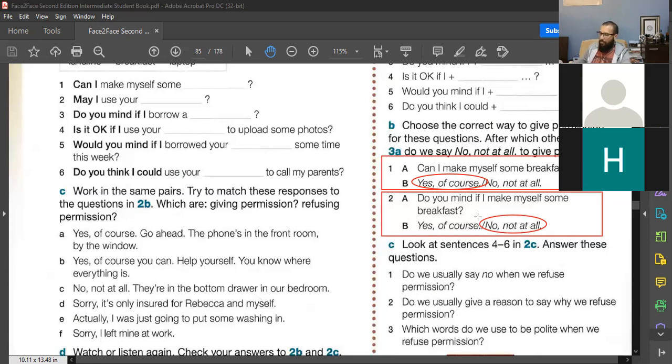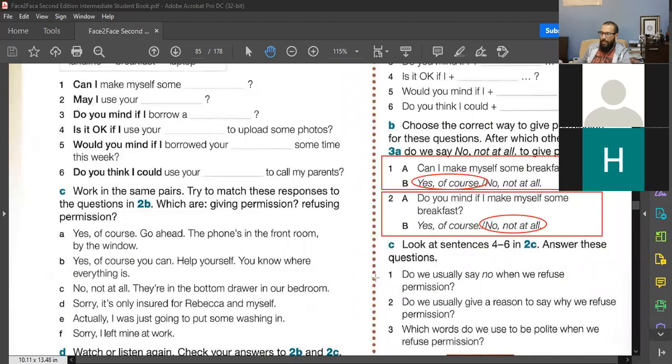Do you mind? No, not at all. No problem. No, if you agree. This is the idea. I think it's the only exception. Questions with do you mind and would you mind, the answer is no if you want to give permission.